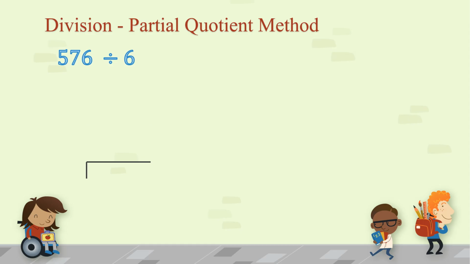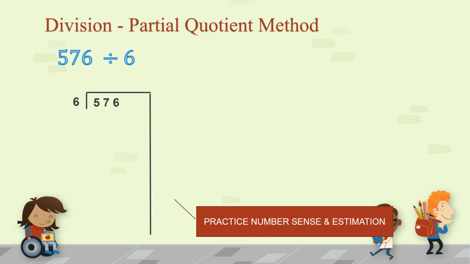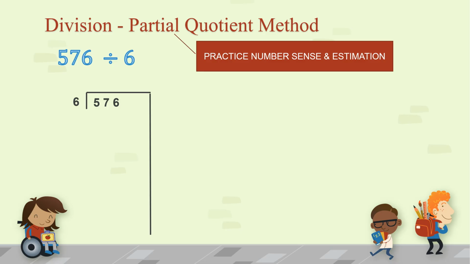Partial quotient is really practicing number sense and estimation. Okay, so let's go ahead and think about that for just a second. Okay, so 576 divided by 6 is blank because blank times 6 is going to get me 576, right? So now this is what I mean by number sense and estimation. I know that 6 times 100 is 600.